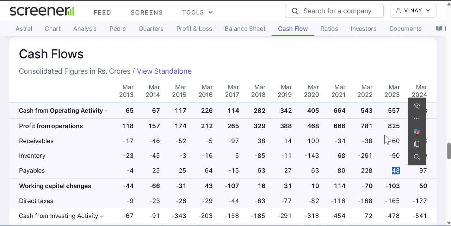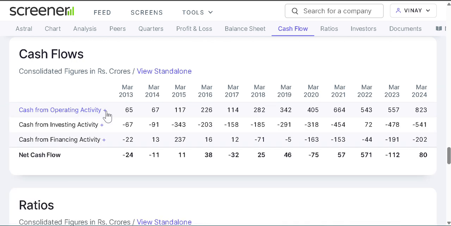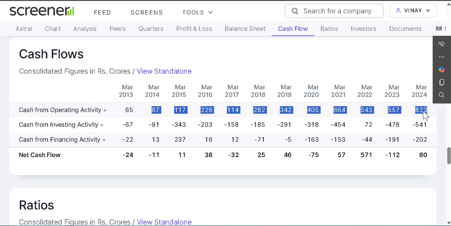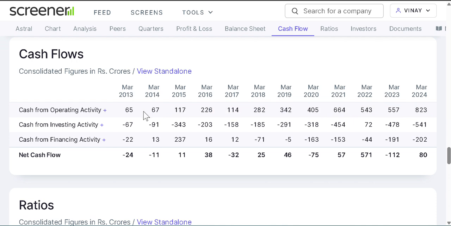Okay, receivables are reduced and payables are added. Just remember this. So this should be positive for any company. This is always positive. This cannot be a negative figure. Just remember this. If it is negative, then there is some issue with the company.